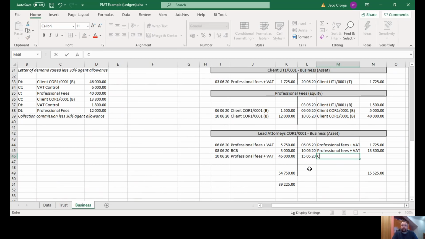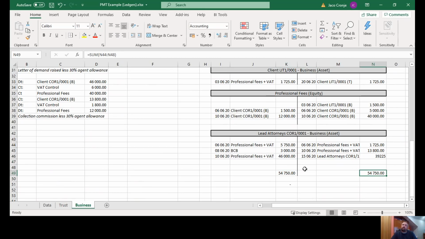And say lead attorneys COR11 and trust, very important. So from trust I received 39,225, and there you can see now that T account is in balance. In other words, the balance on this T account is 0. So the client does not owe me any money anymore.